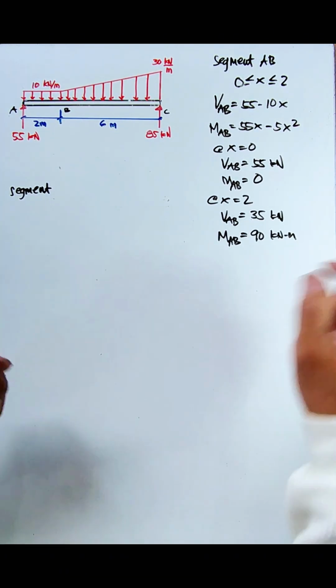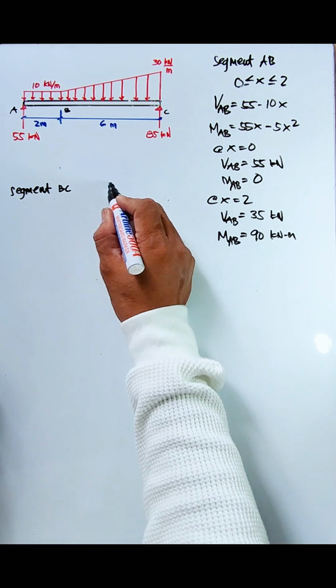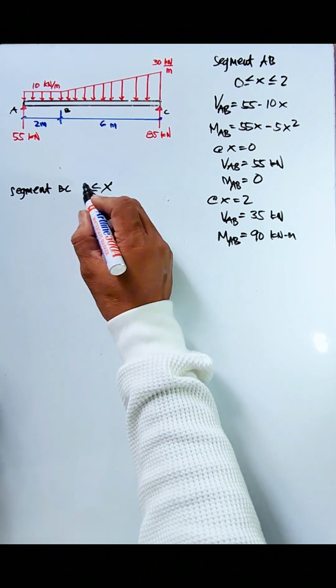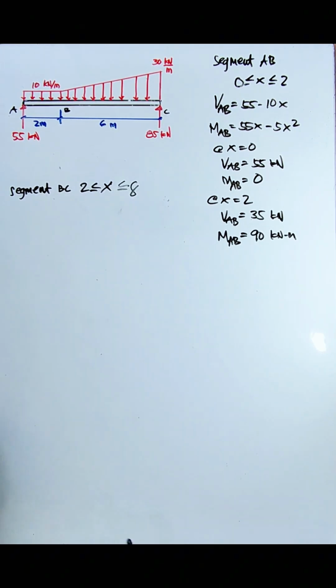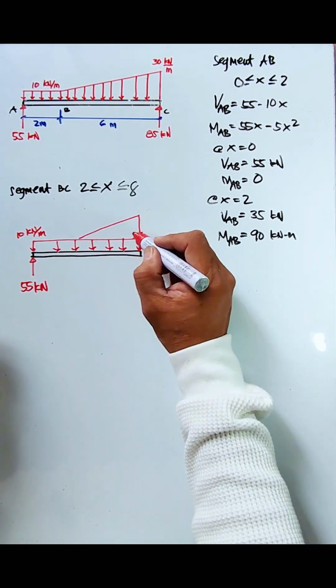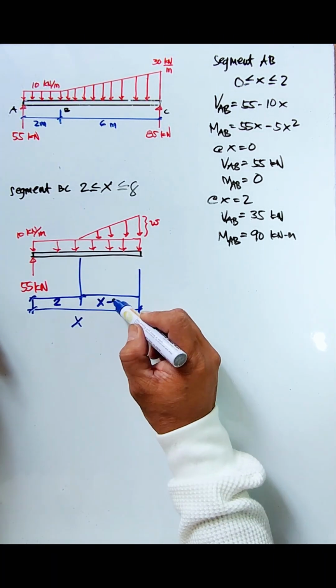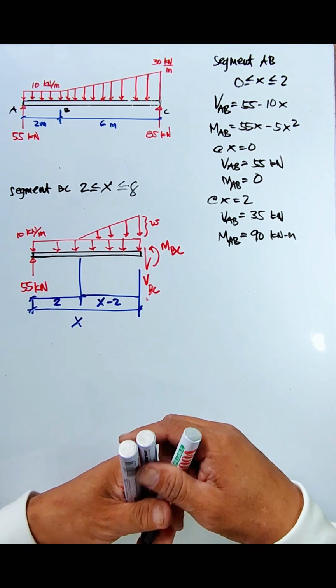Okay, so let's do segment BC. Our x now is from 2 to 8. Okay, so this is the free body diagram.